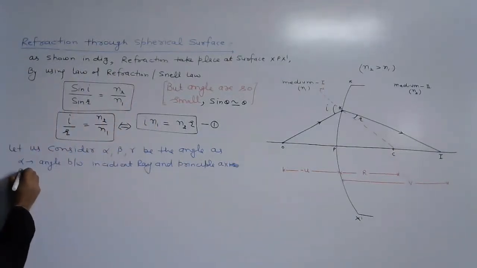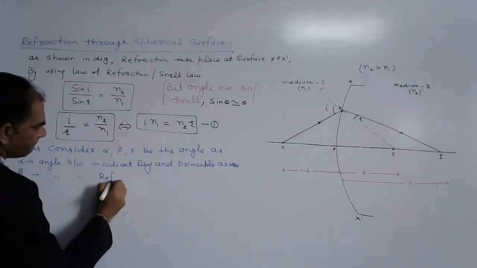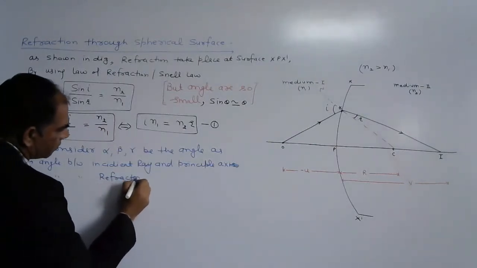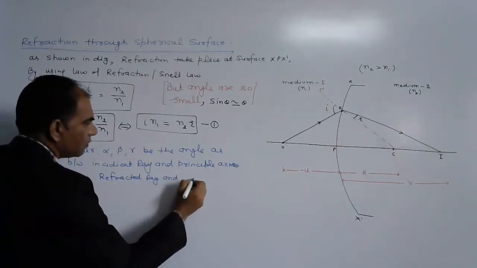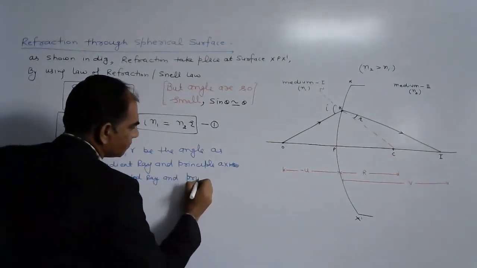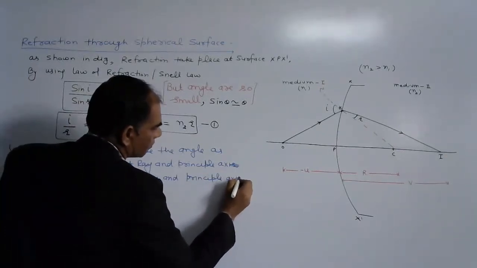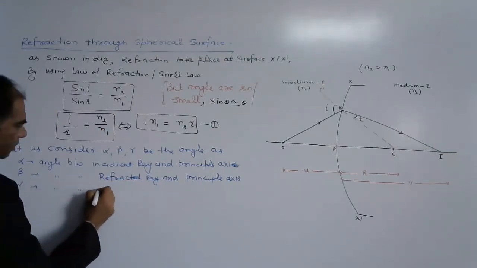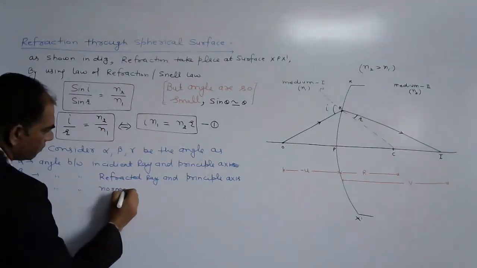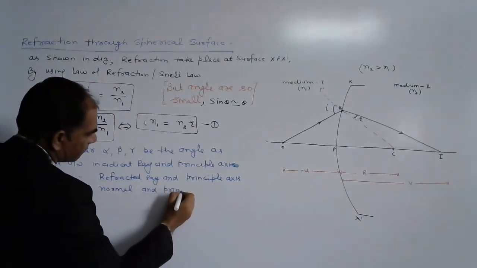Similarly, beta is the angle between the refracted ray and the principal axis. And gamma is the angle between the normal and the principal axis.